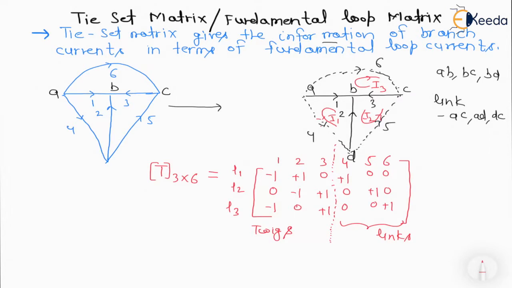We can see in the figure also that branch 4 is in direction with I1, branch 5 is in direction with I2, and branch 6 is in direction with I3. This means branches 4, 5 and 6 are links, and 1, 2, 3 we can easily see are twigs.